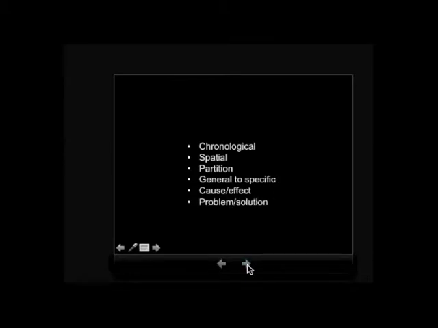We are used to reading formal paragraphs, for example, in patterns like chronological, spatial, partition, general to specific, cause and effect, problem solution, and definition.